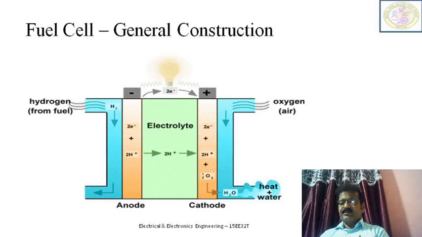Then, excess anode electrons flow to the cathode, causing flow of electrical current. H2 ions and O2 ions combine in the electrolyte and form water, which leaves the cell in the form of steam.